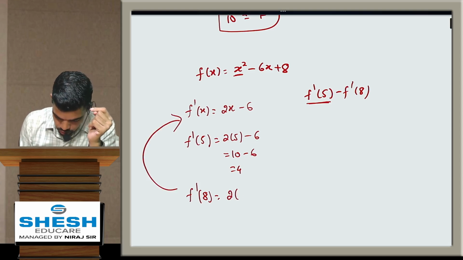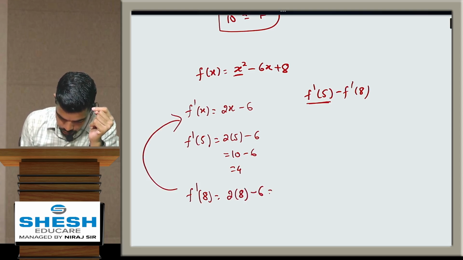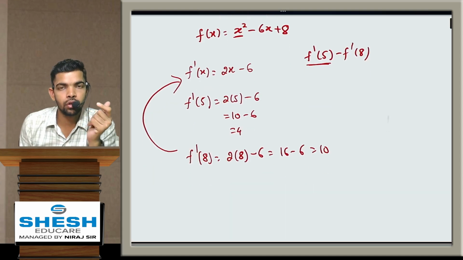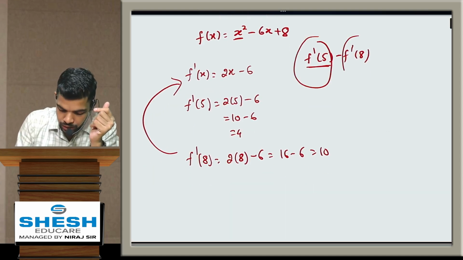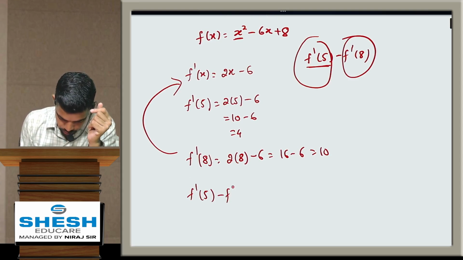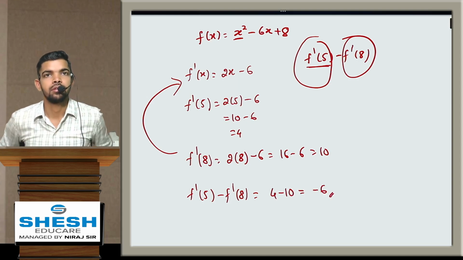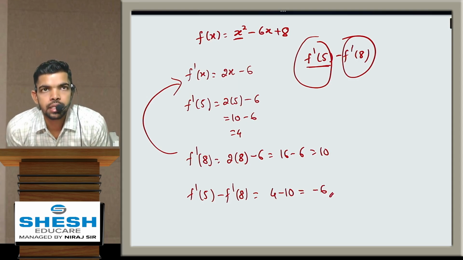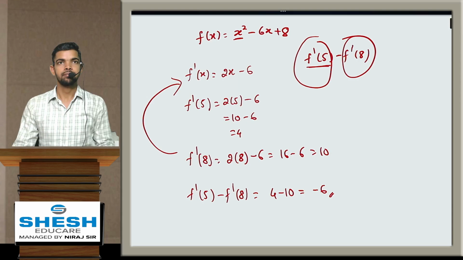Substitute x is equals to 8 here. Minus 6. 16 minus 6 is 10. But we want to find f dash of 5 minus f dash of 8, which is 4 minus 10, and it is minus 6.